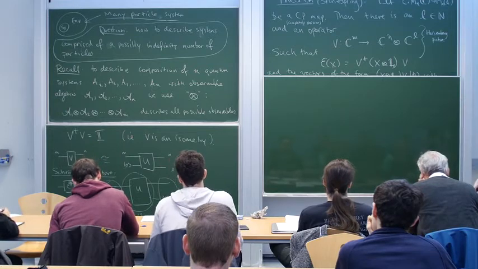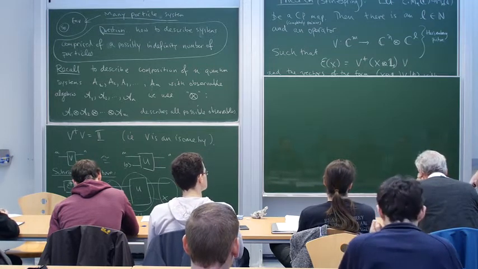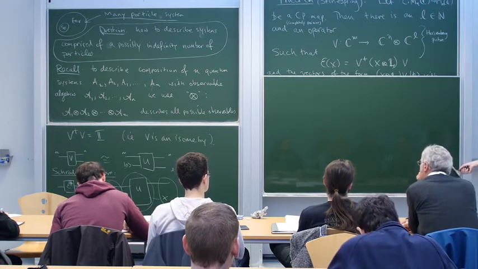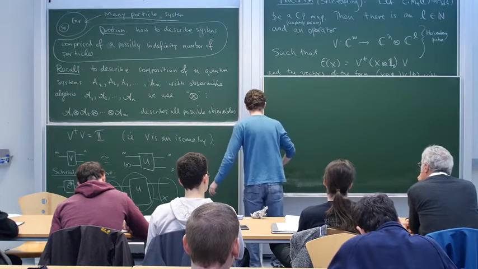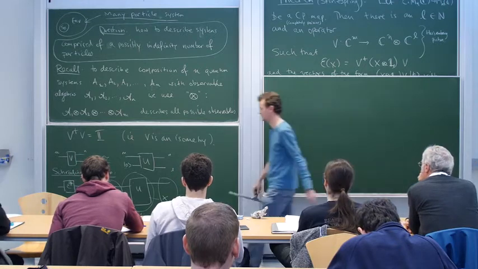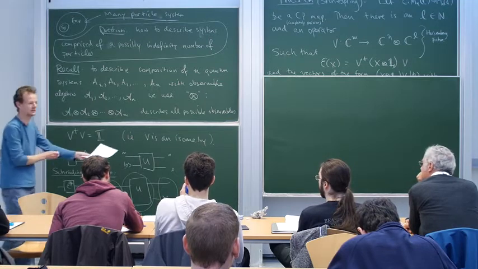So what I'm going to do is describe how to model an indefinite number of not necessarily identical particles, and then say, well, what if they are identical? How do we do that then? That's the next step. And to reduce the suspense, the answer will be Fock space.